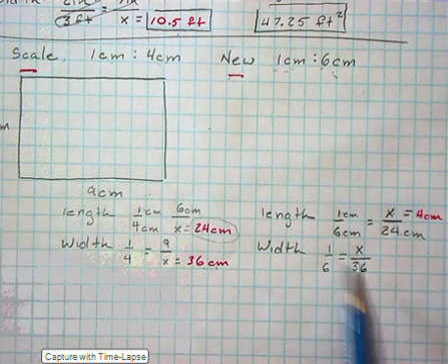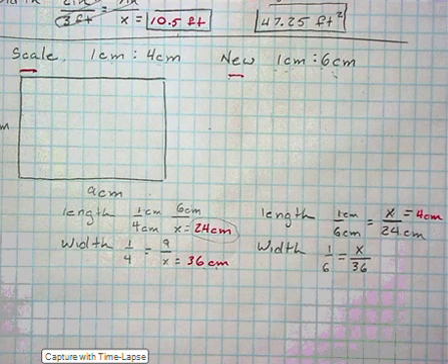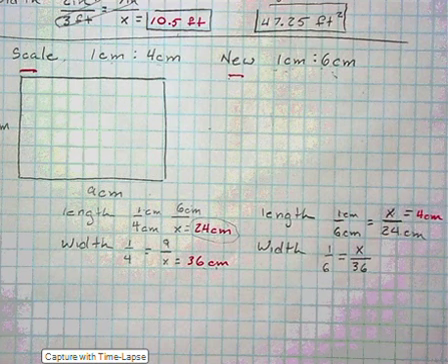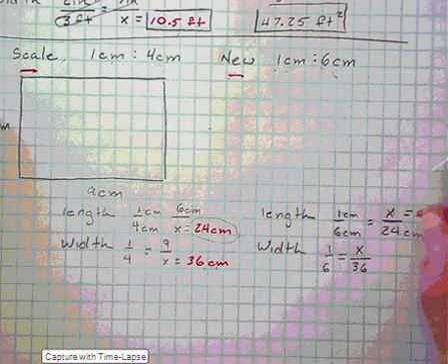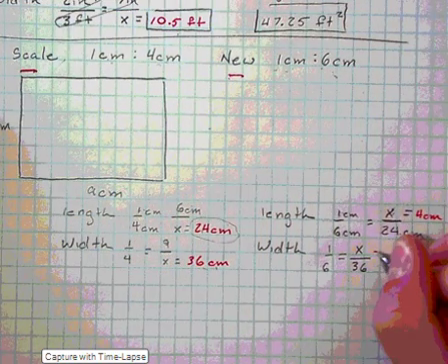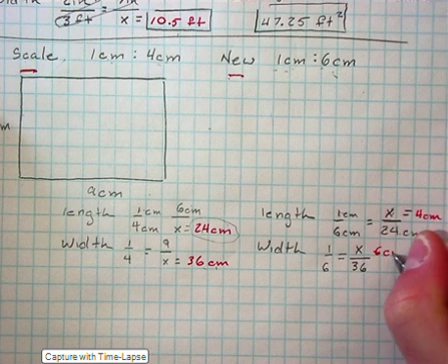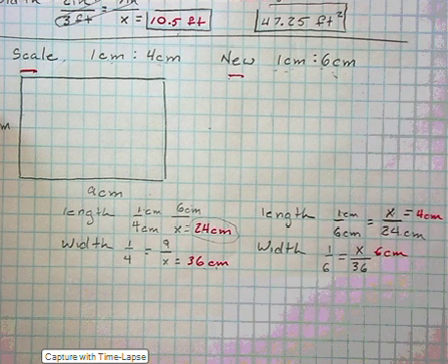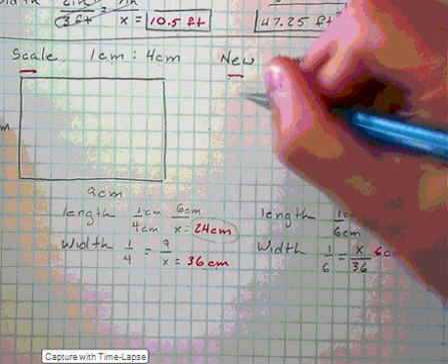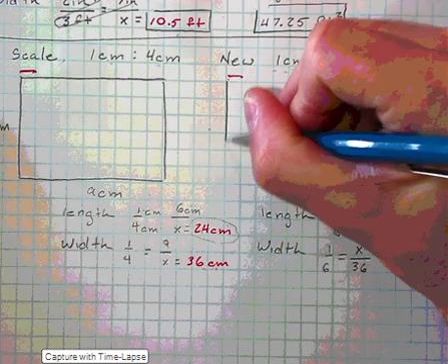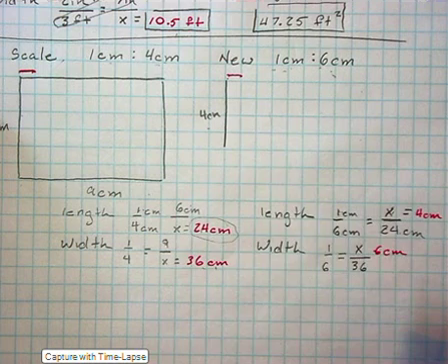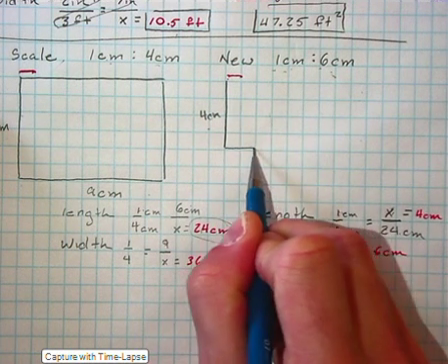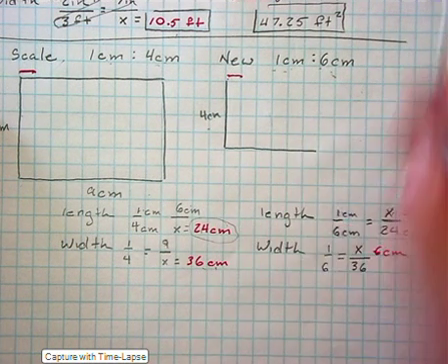Multiply diagonally, divide by my leftover number. So what is going to be the width of our new drawing, Sophia? 6 centimeters. So the length will be 4. 1, 2, 3, 4. And the width will be 6. 1, 2, 3, 4, 5, 6.